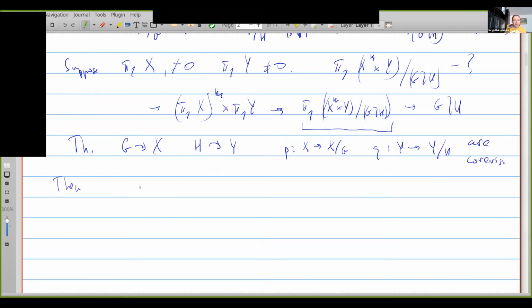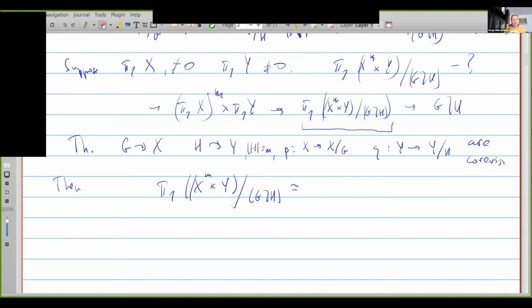Then we have a natural action of the wreath product on this, and also let me assume that H has exactly m elements. Then the fundamental group of this quotient is isomorphic to the following, and I will first write this down and after that I will explain.